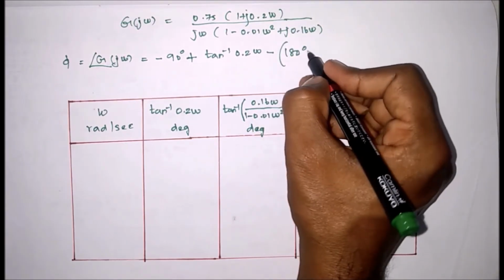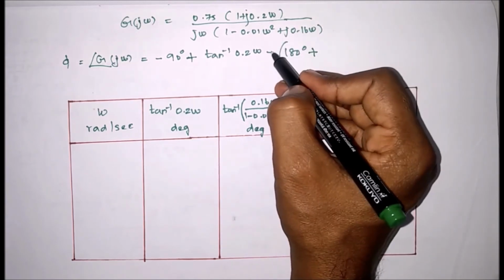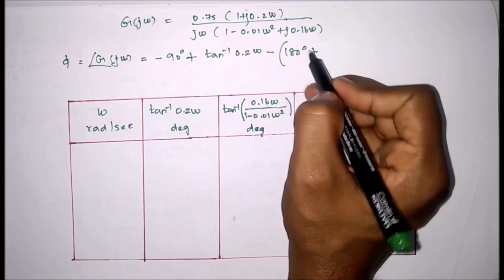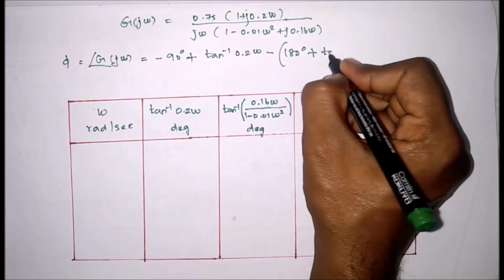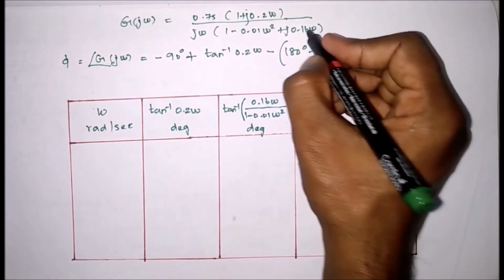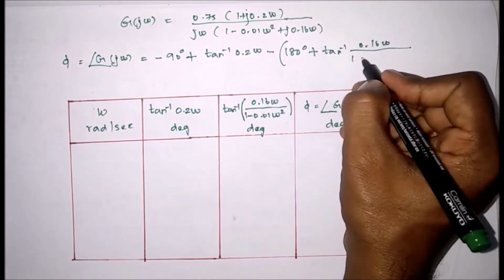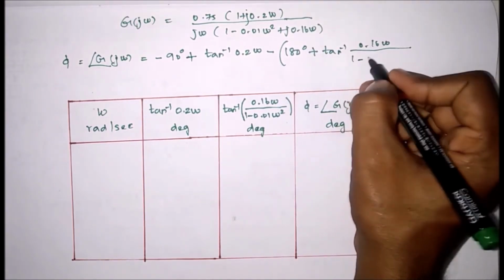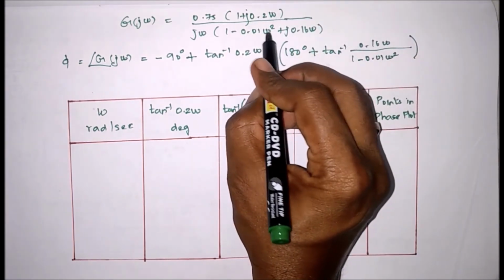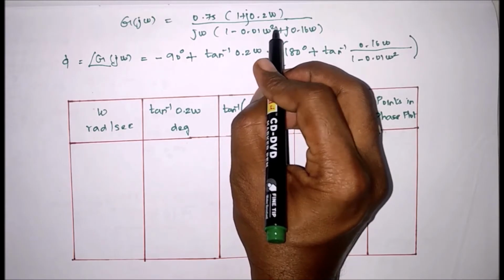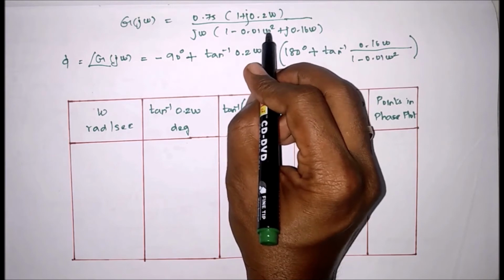So it is in the denominator, therefore 180 plus tan inverse of imaginary 0.16 omega divided by real, which is 1 minus 0.01 omega squared.